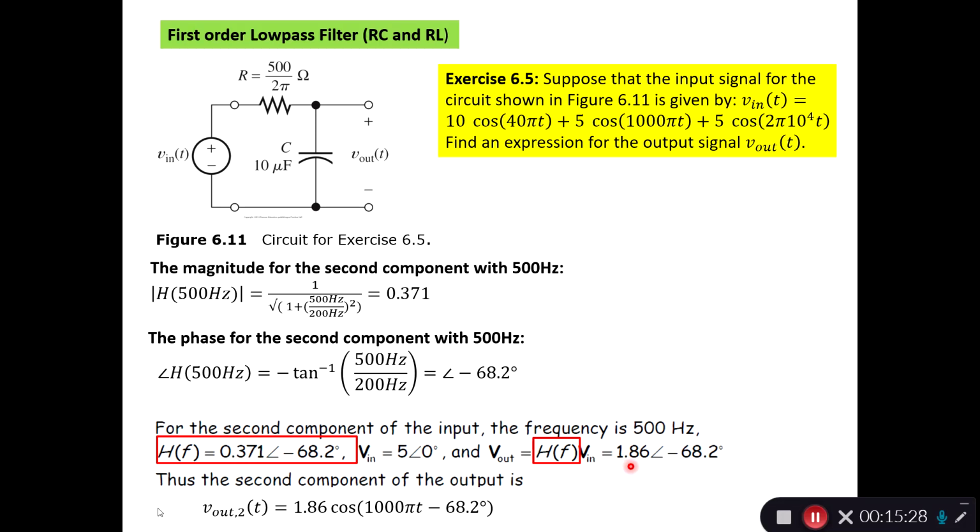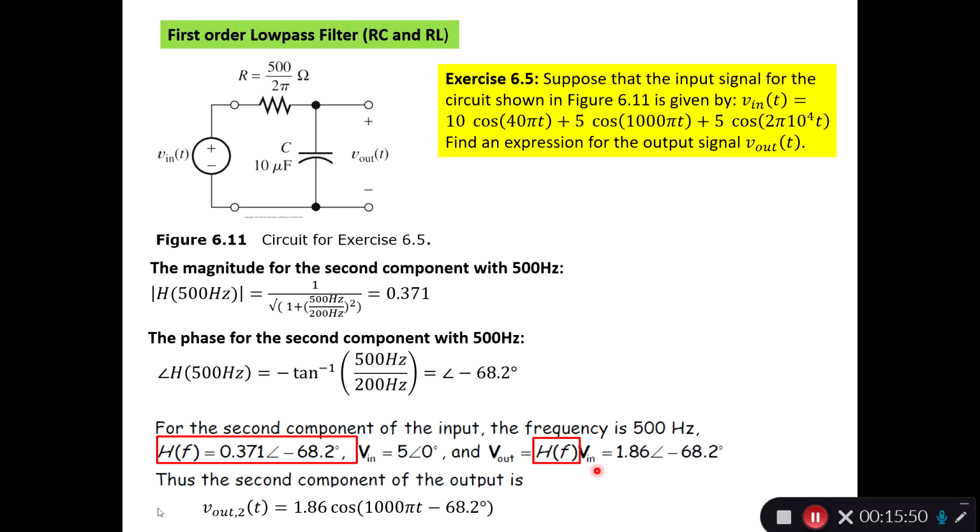That gives me 1.86. And then I have the 0 phase minus 68.2 degrees. That gives me minus 68.2. So this is my V out.